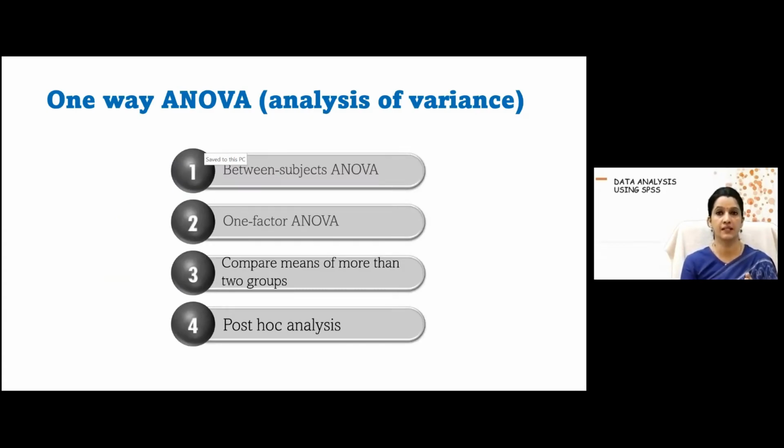It is also known as the between subject ANOVA, one factor ANOVA, and here we compare the means of more than two groups, and we perform the post hoc analysis because there are more than two groups. There will be differences across group 1 and 2, 1 and 3, and 2 and 3. For that, to find which particular pair is showing a significant difference, we do it by the post hoc analysis.